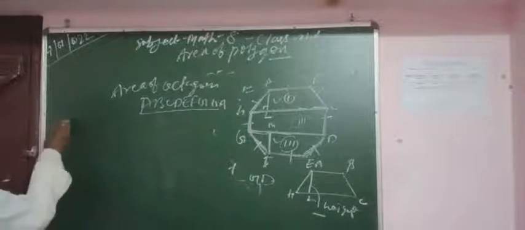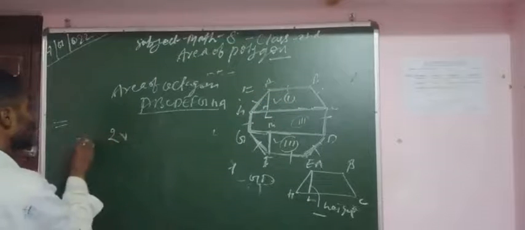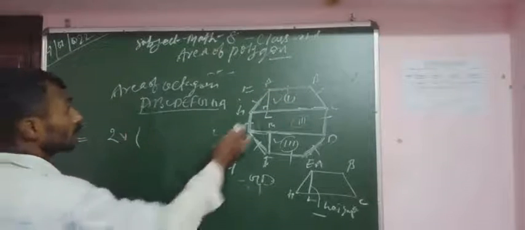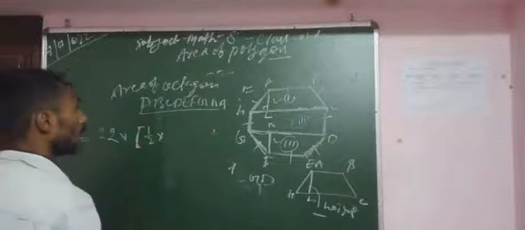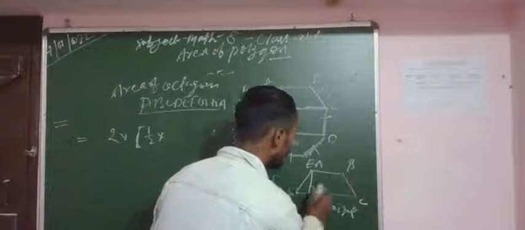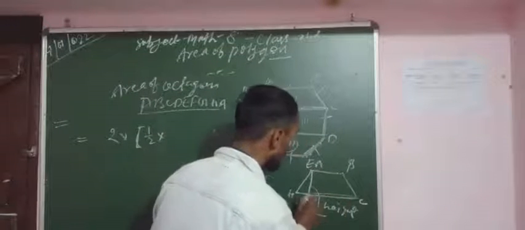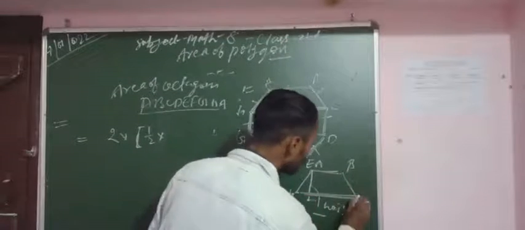Now we will write, look at this, this is the polygon, so 2 into the area of trapezium, half into sum of parallel sides. As we know by the definition, one pair of opposite sides are parallel in a trapezium. So AB is parallel to HC.